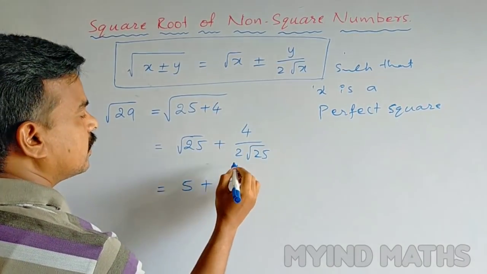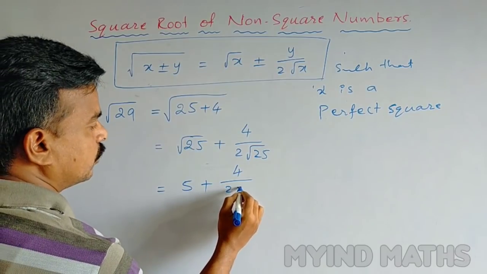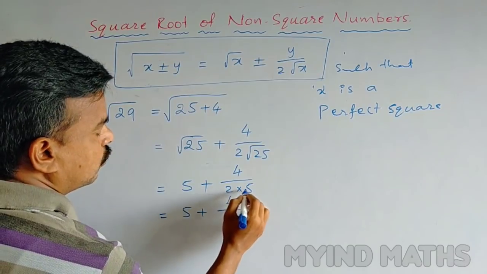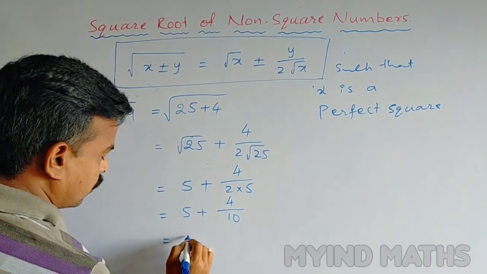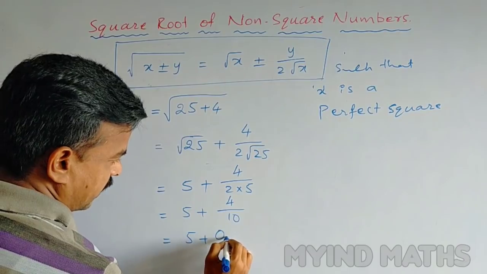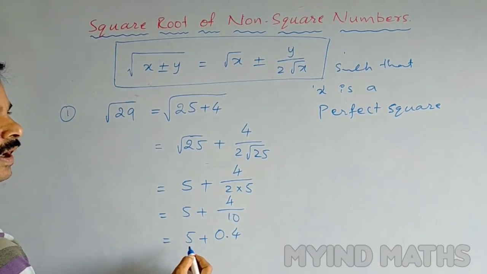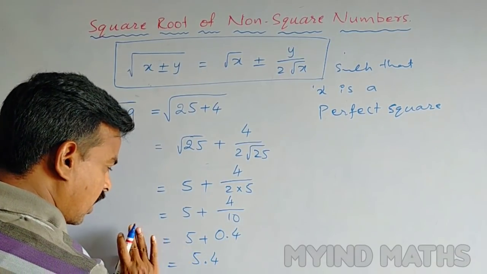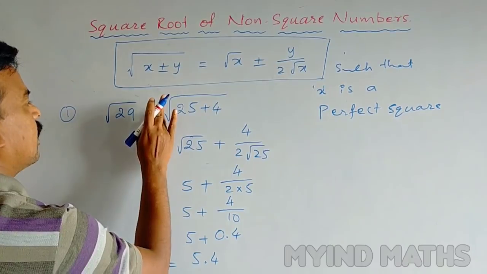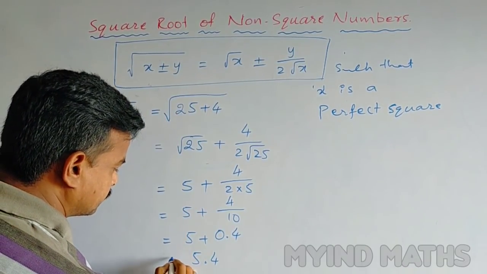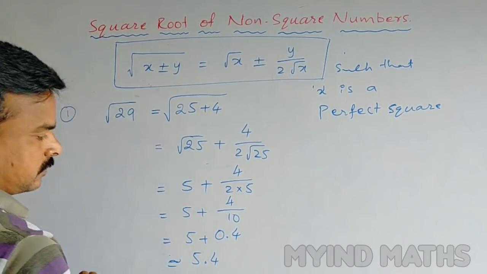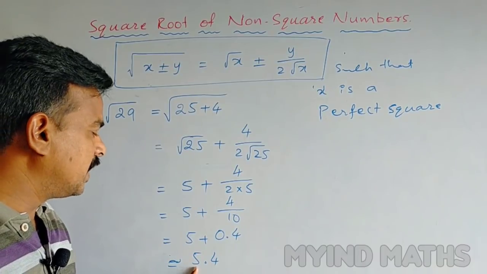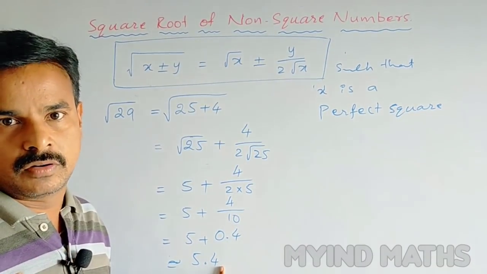Then 4 by 2 into 5 is 4 by 10. So it is equal to 5 plus 0.4, which is 5.4. It is not perfectly equal, only approximately equal. So the square root of 29 is approximately 5.4.